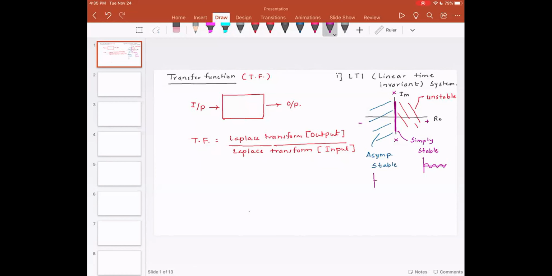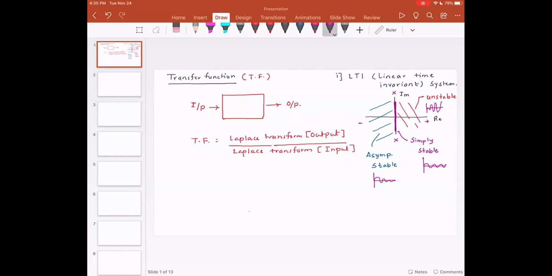If the eigenvalues are here, then you will see that the system response decays down. And if the eigenvalues are here, then you will see that the system response kind of grows. And remember this, because when we talk about the Laplace transform and the transfer function, the same concept is applicable when we study stability.